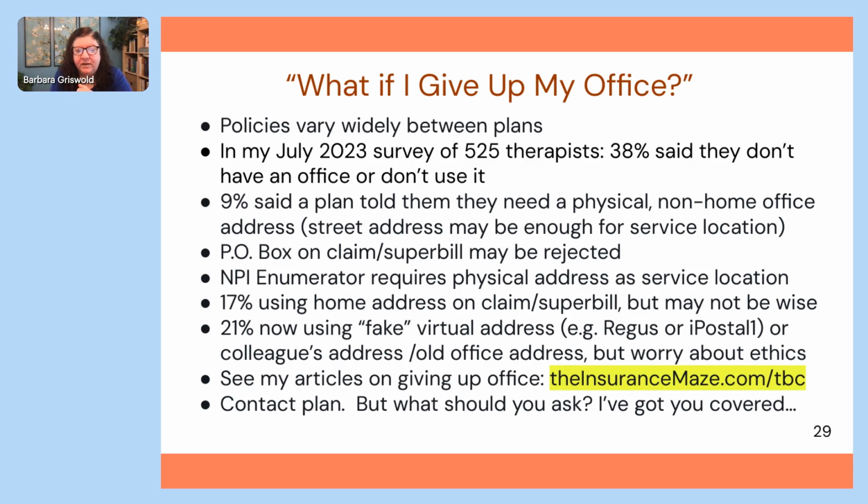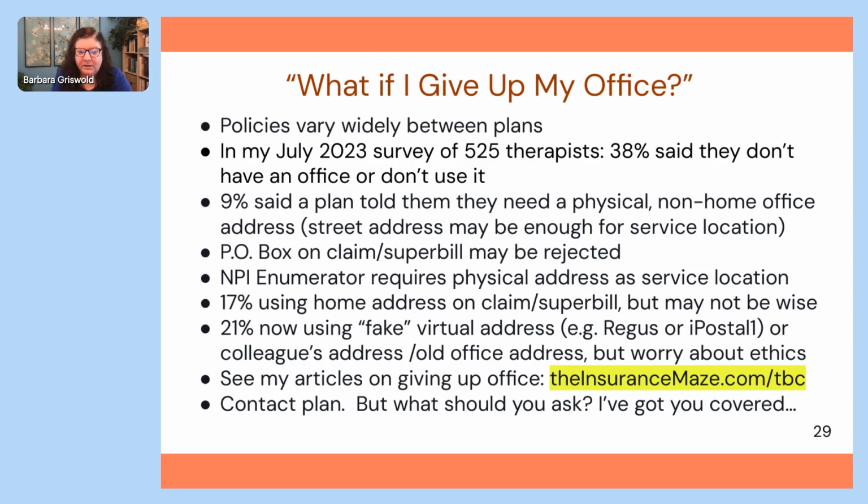Now, 9% said a plan had already told them you need to maintain a non-home office address. So 10% were being told by a health plan that you can't go all telehealth, basically.